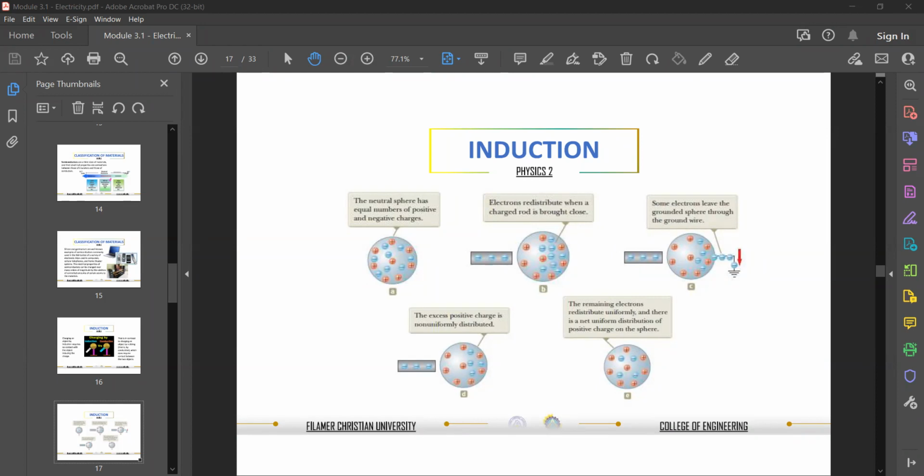That's why hindi na kailangan i-ground pa yung ibang electrical wiring natin dito. But in case, let's say sa Mindanao, sa other areas, sa Cebu, they need to have a grounded wire. So kailangan talaga nilang three ports yung outlet nila, kasi mahina yung ground nila. Okay.